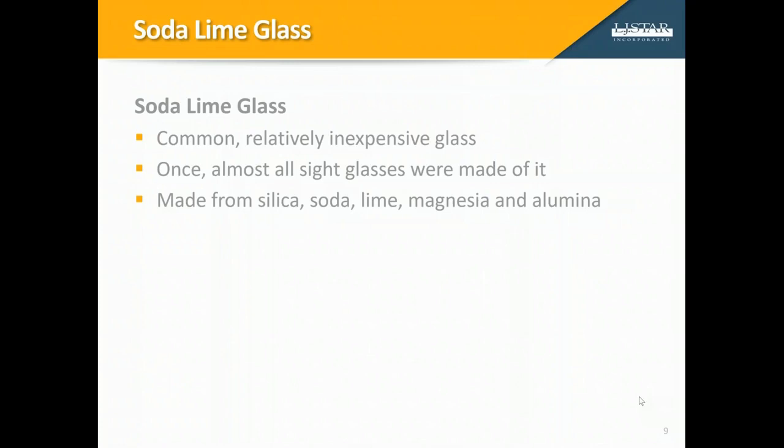This glass is typically made from silica, soda, lime, magnesia, and aluminum. Soda-lime glass is widely used for low pressure, low temperature, and non-caustic sight glass applications.